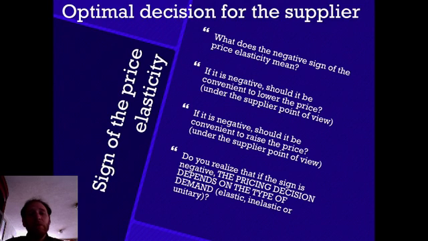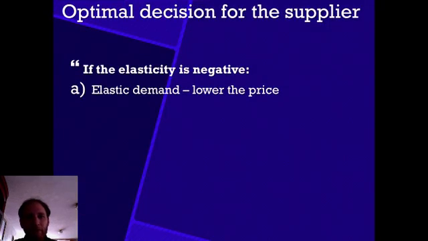You will sell fewer units, so it won't be convenient. So it depends on the type of elasticity: elastic, inelastic, or unitary. Let's go step by step in this case. If the elasticity is negative, we could have the case in which we have an elastic demand. In this case, the optimal decision is to lower the price. Why? That's the question.